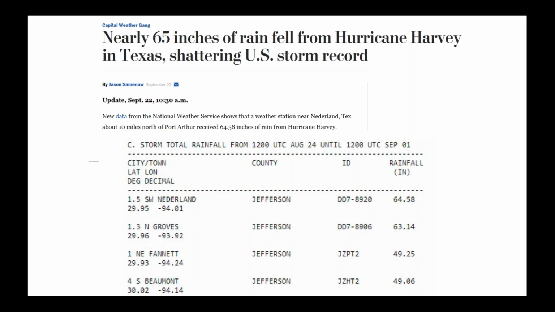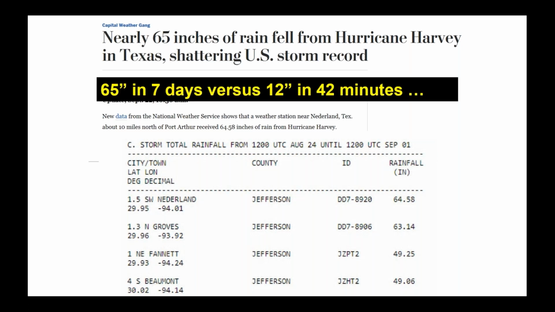Now, I want to ask you a question. What would you rather have for your dam? Would you rather have 65 inches in, sorry, it's 7 days, not 3 days, 65 inches in 7 days or 12 inches in 42 minutes? I know when we are looking at rehabilitating dams, we often will focus on the 24-hour rainfall. And for many parts of the United States, it's about 36 inches in 24 hours.